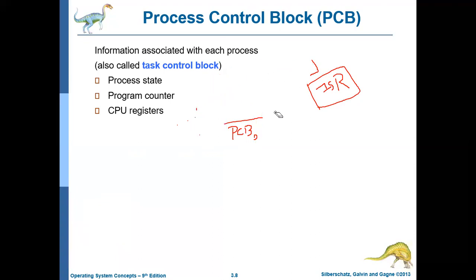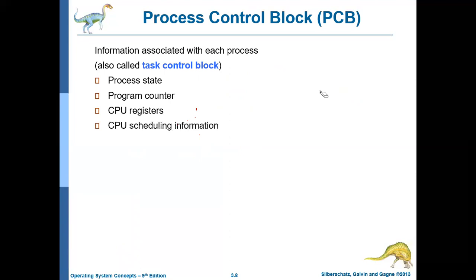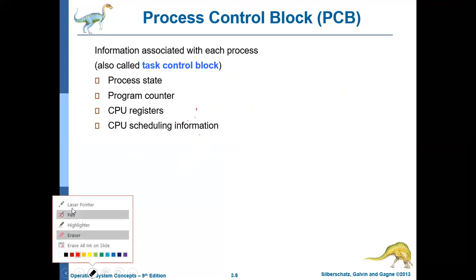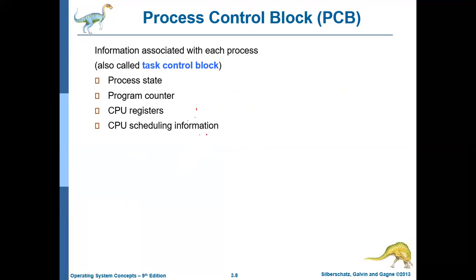Okay. And the other information PCB contains includes CPU scheduling information. This CPU scheduling information includes the priority of a particular process. When there are more than one process in the memory, different processes may have different priority. Maybe some process may have the highest priority.